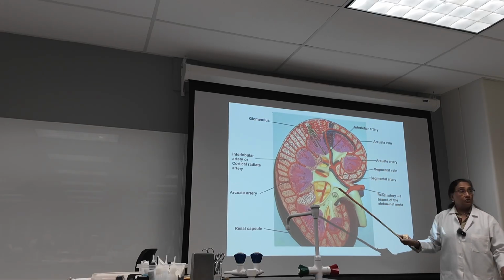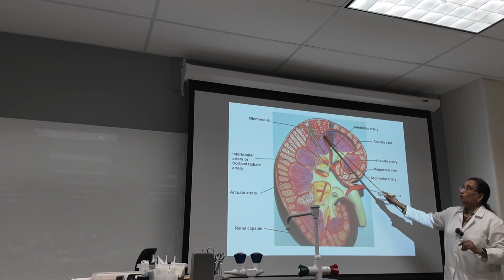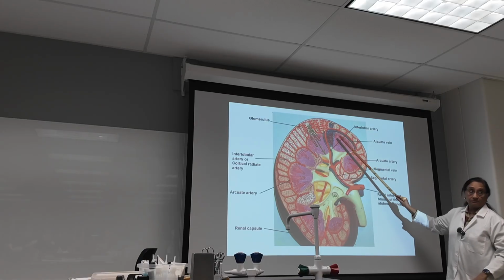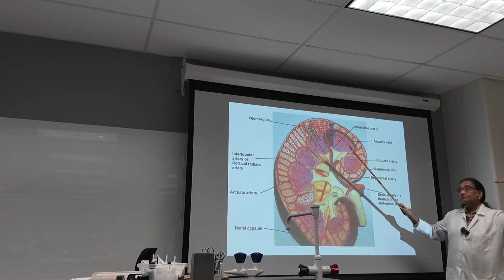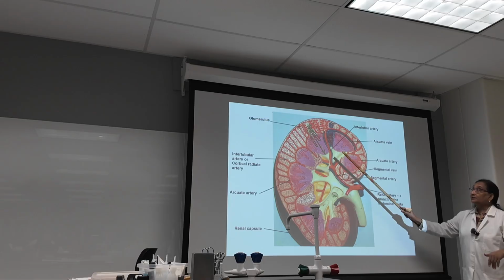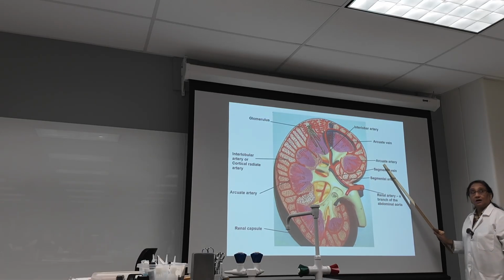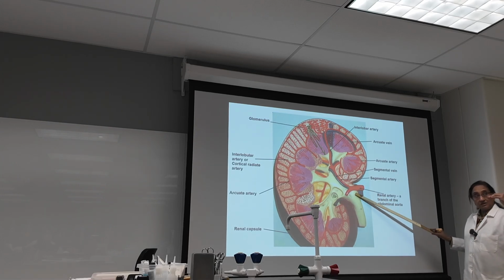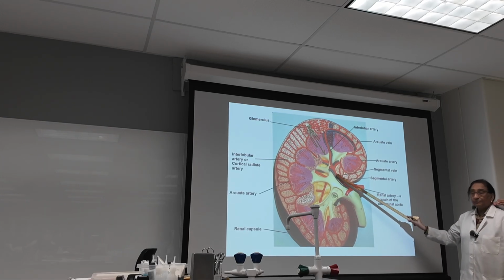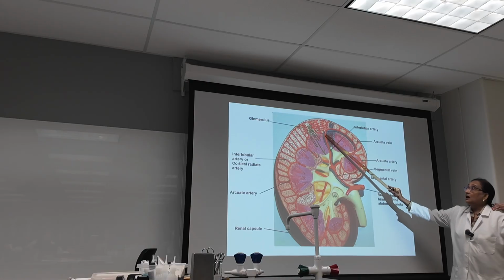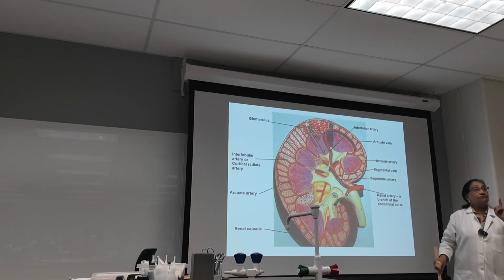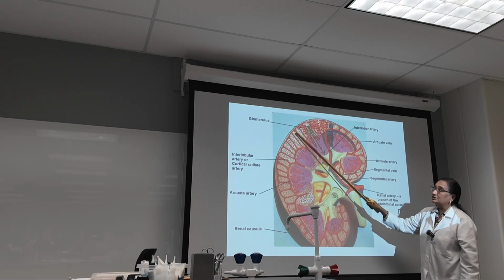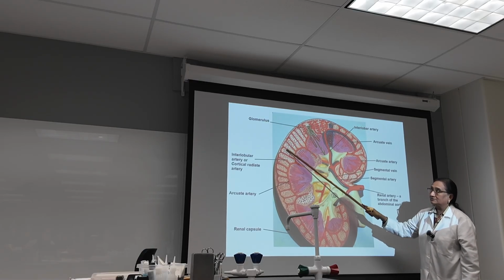Then this branch will go and curve on top of the pyramid like an arch. It's called the arcuate artery. So this is the way blood flows: renal artery, segmental artery, interlobar artery, arcuate artery, and from the arcuate artery you're going to see all these long branches going into the cortex.